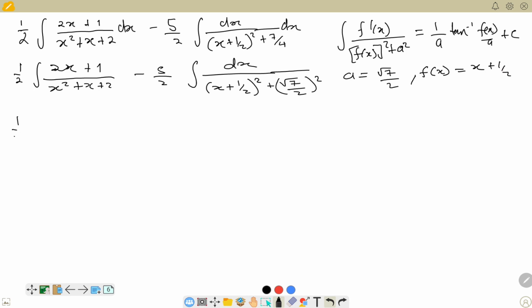Then on the left hand side, we can use ln, because we can see that the differentiation of the denominator gives exactly 2x plus 1. So we can just use the ln.